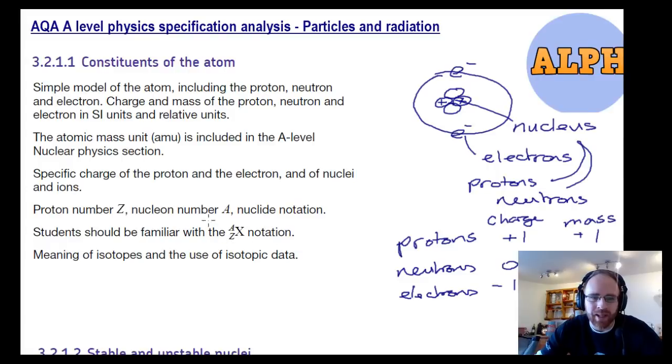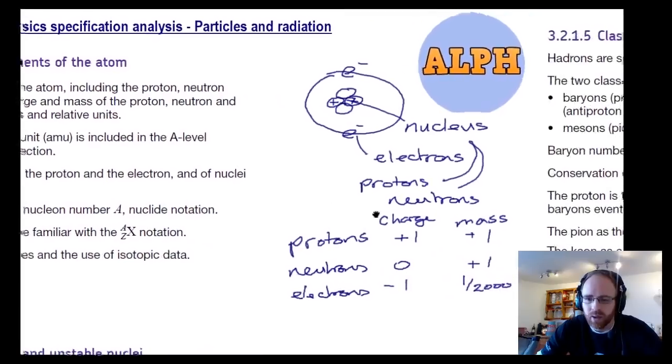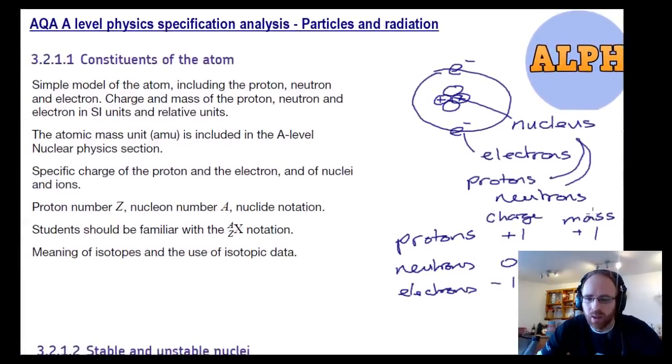So a proton mass in SI units is, maybe if I go over here, I can run out of space. Mass of a proton, 1.67 times 10 to the power -27 kilograms.